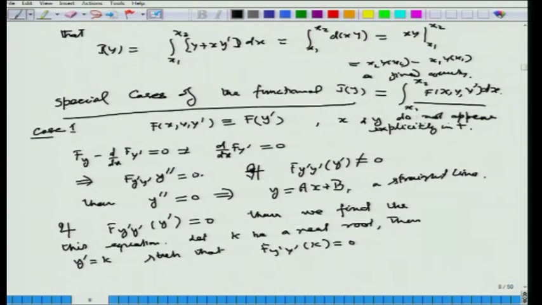So, for any root of this equation, f_y prime(k) equal to 0, we get y prime equal to k. So, y prime equal to k implies that y equal to k x plus some constant c here.